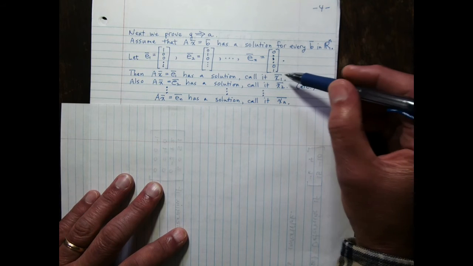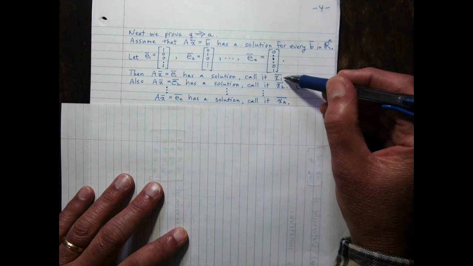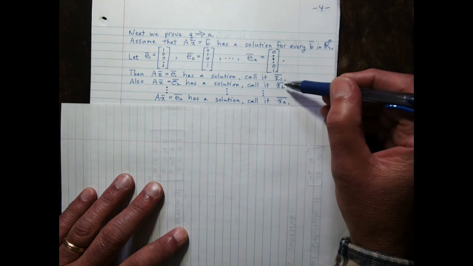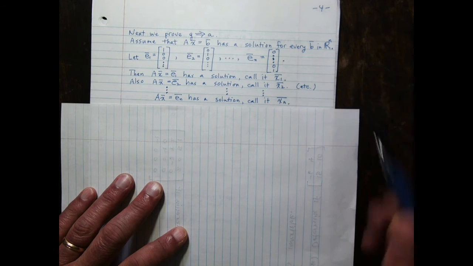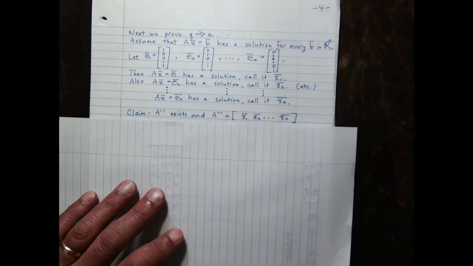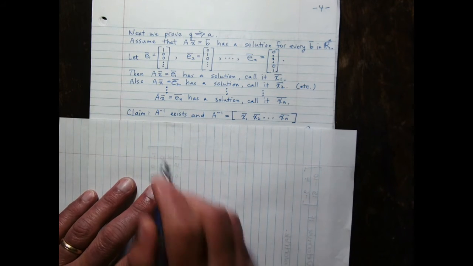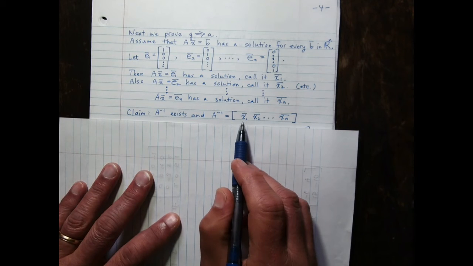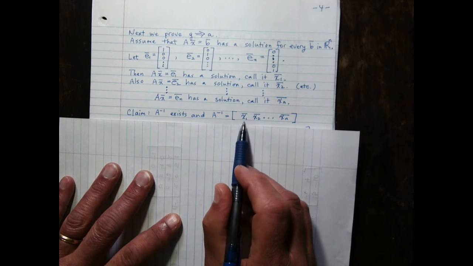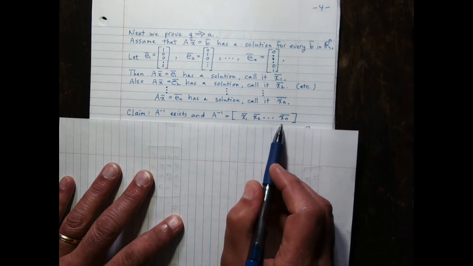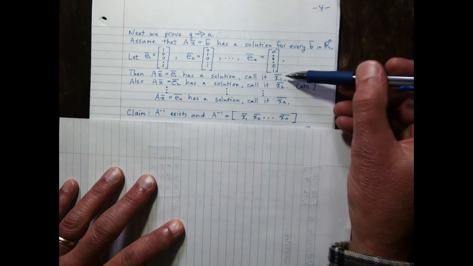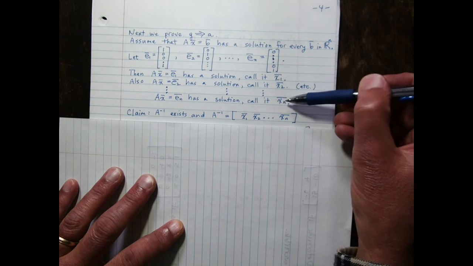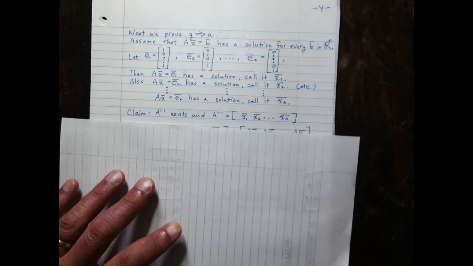And I'm naming a solution for each one of these separately. So X1 is a solution for the first one, X2 for the second, Xn for the last one. And now I claim A inverse exists, and A inverse is actually a matrix that has as its columns these X1, X2 through Xn vectors, the solutions to each one of these separate matrix equations.